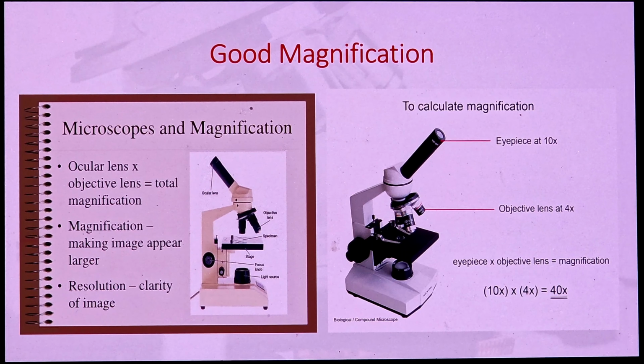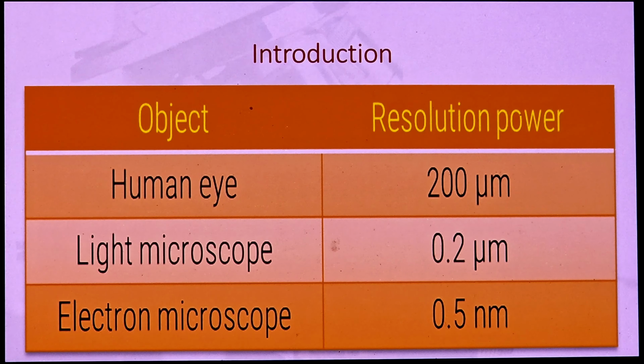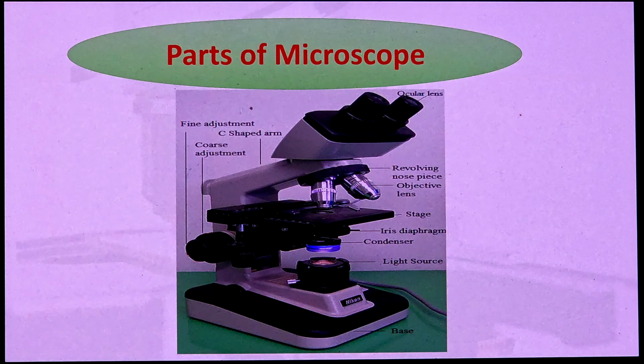Likewise, the total magnification of the other objective lenses can be calculated. Magnification makes the image appear larger, and resolution mainly clarifies the image. The resolution power of the unaided human eye is 200 micrometer, light microscope 0.2 micrometer and electron microscope 0.5 nanometer.